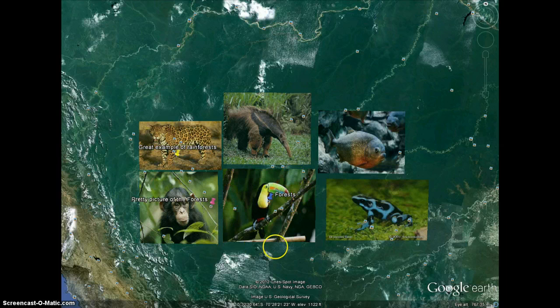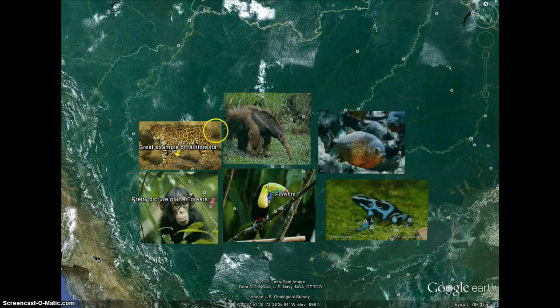What about this animal? You said that you expected there to be birds because there were lots of trees, and you were right. This is a specific type of bird. Do you know the name? A toucan, yeah. There are lots and lots of birds that can only be found in the Amazon rainforest.